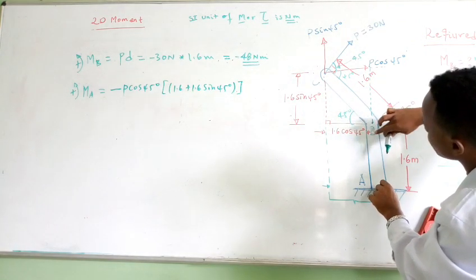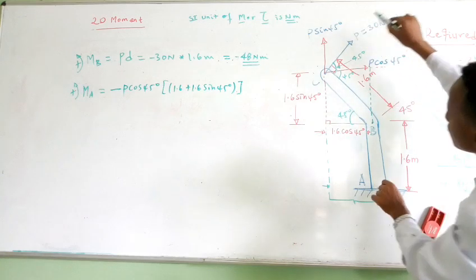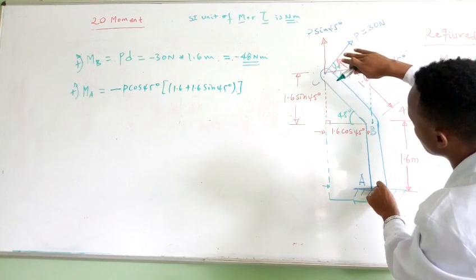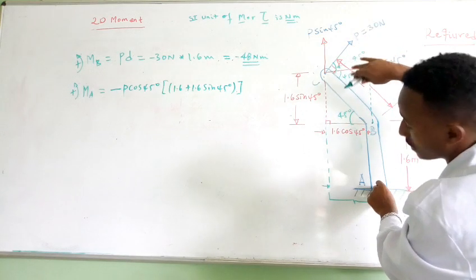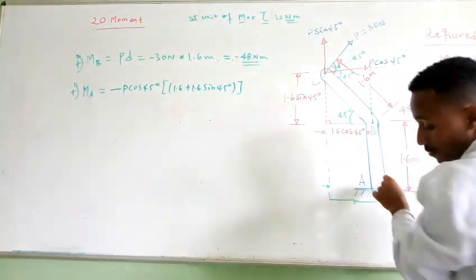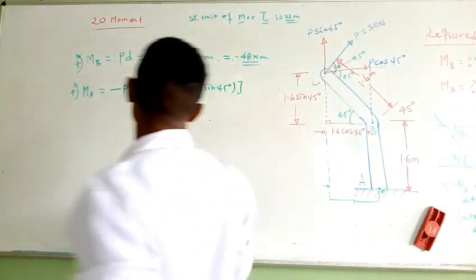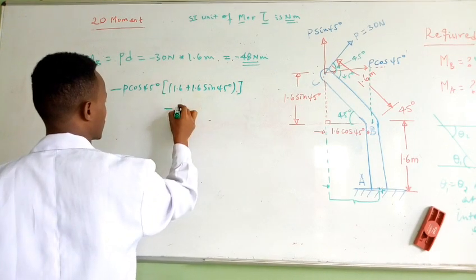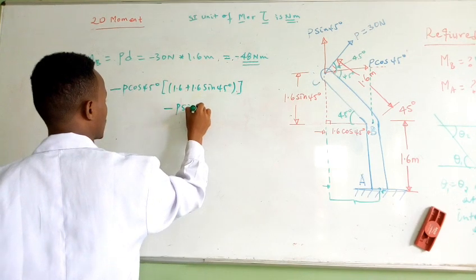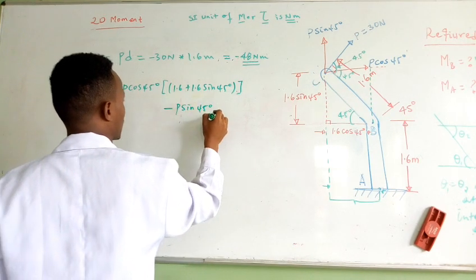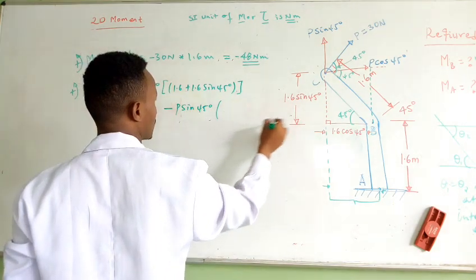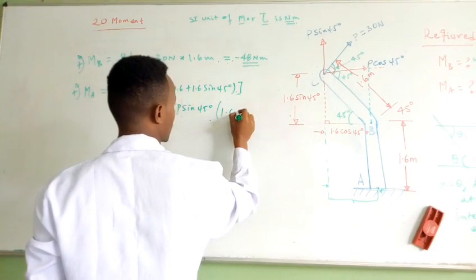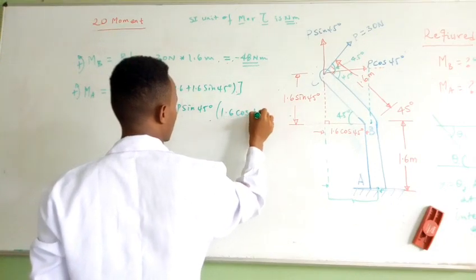P tries to rotate the object, or bends the bar, in the counterclockwise direction. So it is the negative side. Minus P sin 45 degree times the perpendicular distance, which becomes 1.6 cos 45 degree.